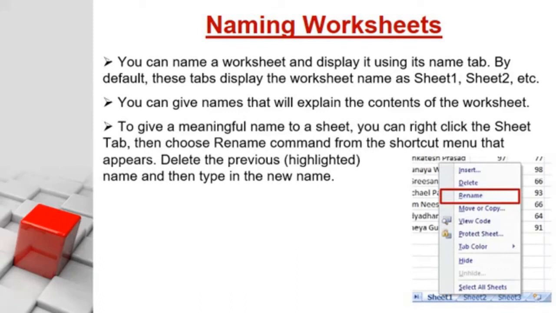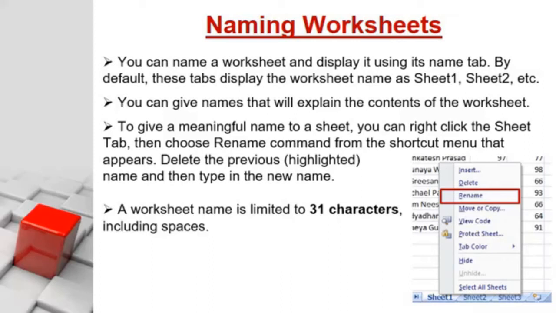To give a meaningful name to a worksheet, you can right-click the Sheet tab, then choose Rename command from the shortcut menu that appears. Delete the previous name and then type in the new name. A worksheet name is limited to 31 characters including space.